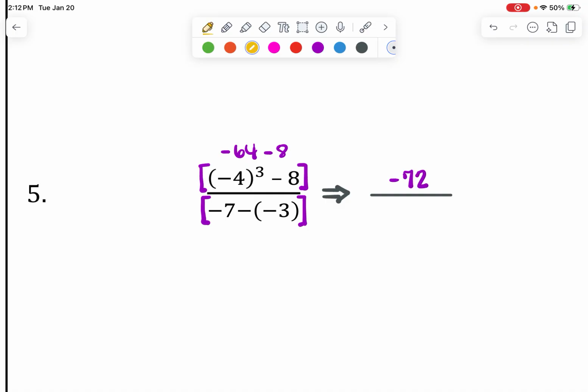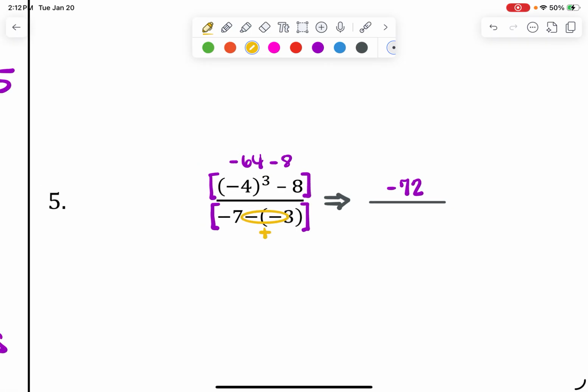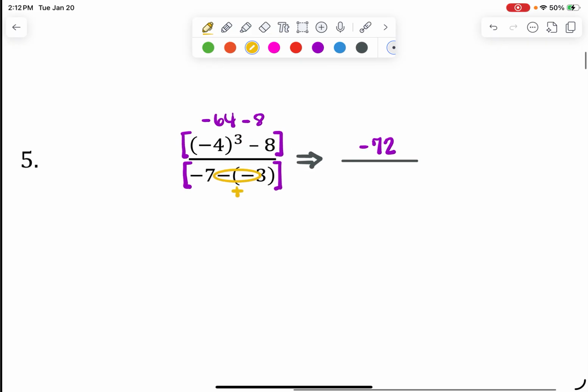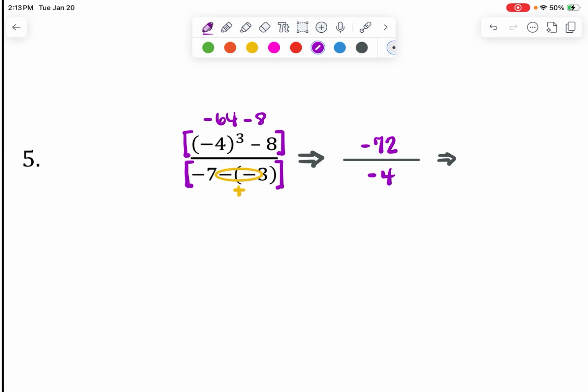And then in my denominator, it's just a subtraction problem, but it is a double negative, and a double negative means this is actually a plus sign. So it's actually negative 7 plus 3, which is going to give us negative 4. All right, and then we can just use our calculators if necessary and do the final division to simplify that as much as possible, and that is going to give us 18.